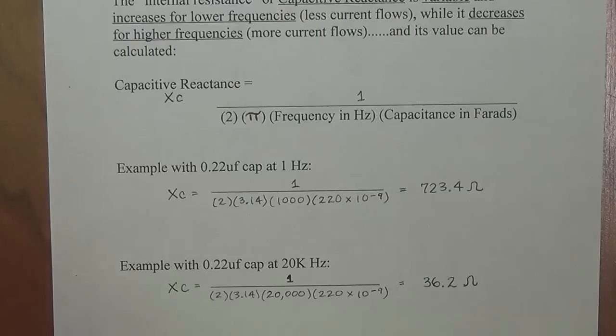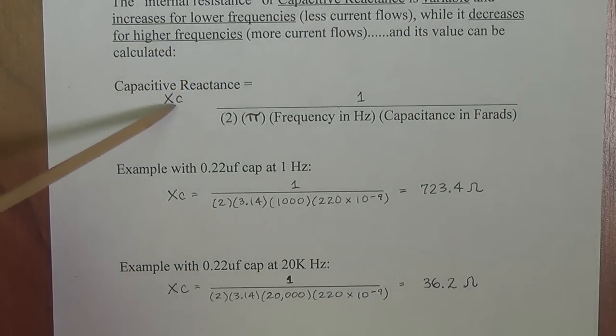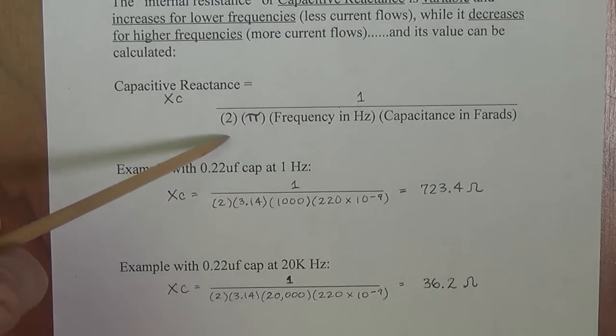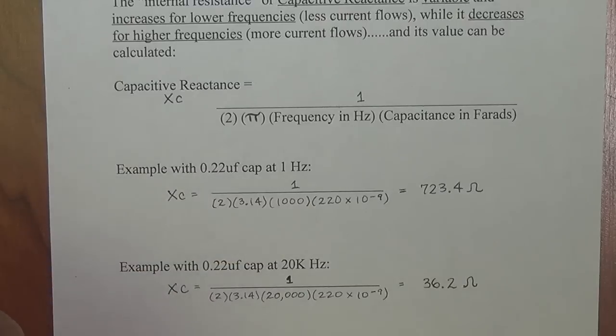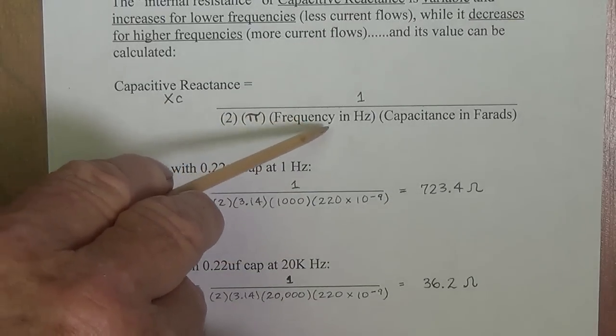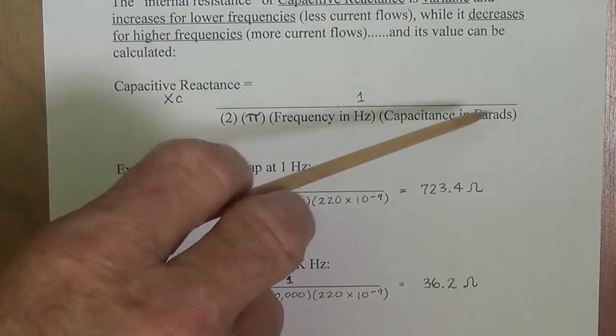Now, capacitive reactance, which is generally symbolized by a capital X and a little c, is equal to 1 over 2 times pi, which is 3.1416, times the frequency in hertz, times the capacitance in farads.